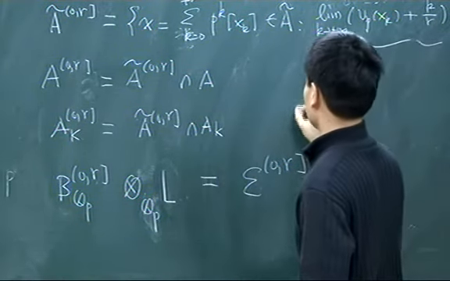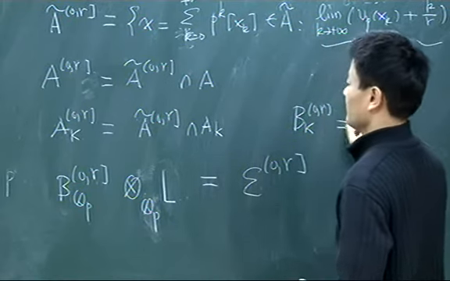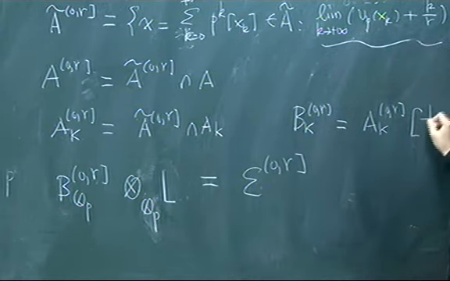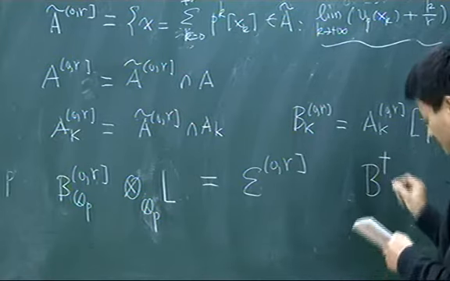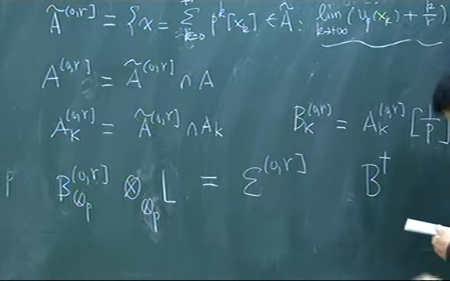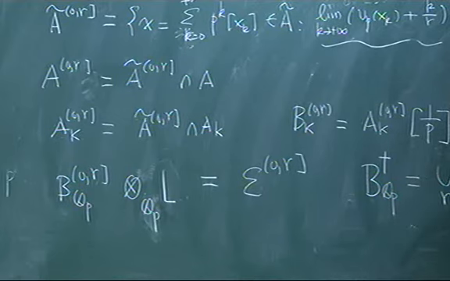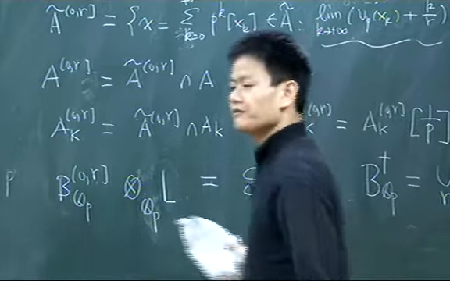Okay. And then you have B. What is BK? I think you just take 1 over P. It's just this. And then you have the ring B dagger QP, which is just the union of all these R, BQP 0R.